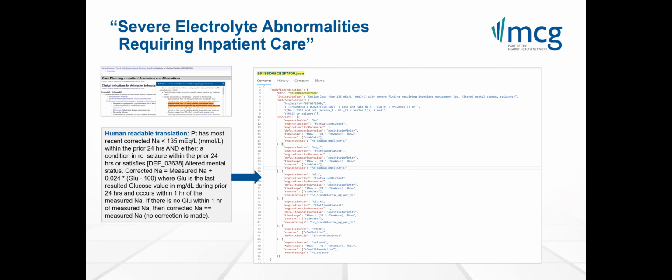So in this case, the patient's most recent corrected sodium is less than 135 MEQs within the prior 24 hours, and the patient has either a condition in the value set for seizure within the prior 24 hours or satisfies the definition for altered mental status. And we use corrected sodium because hyperglycemia can impact those sodium readings.